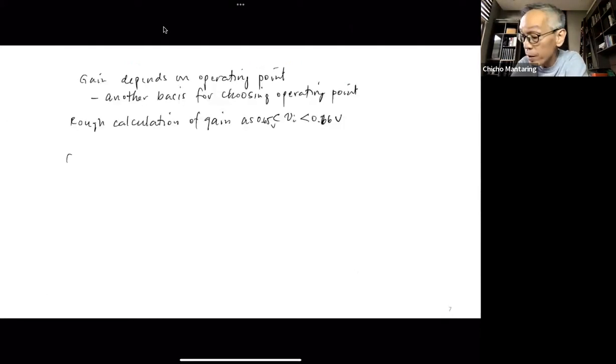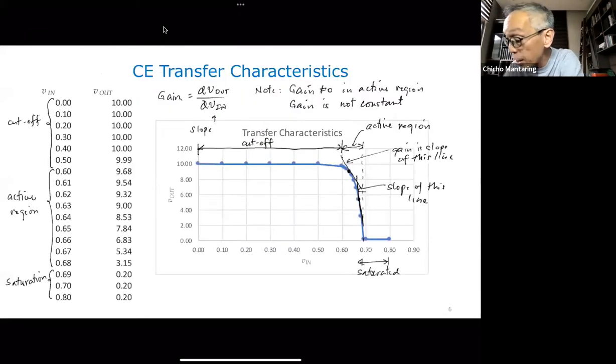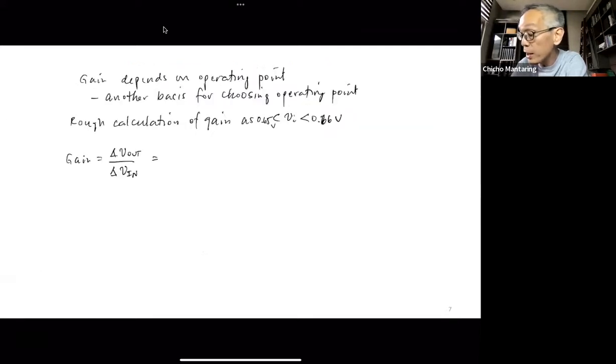Okay, so gain will be equal to delta V out over delta V in. No? That will be my approximate gain. So let's look at that. No? At 0.65 to 0.66, my output changes from 7.84 to 6.83. So my change is 6.83 minus 7.84.